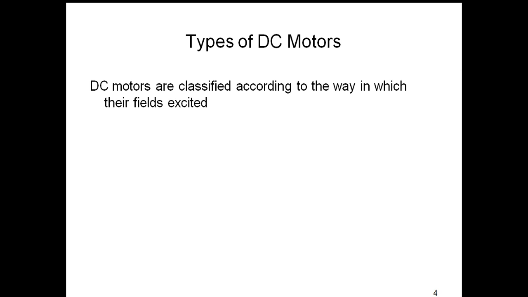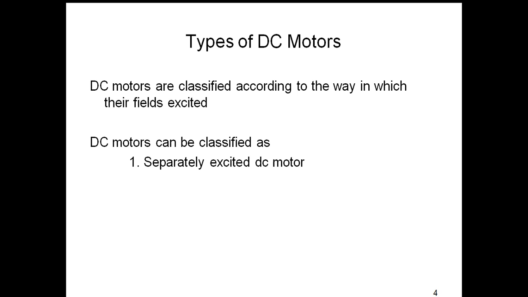Mainly these DC motors are classified based on their excitation, that is, separately excited DC motor, which means in this machine the excitation is provided by some external source, it may be a battery or any other source, and the other one is self excited DC motors.